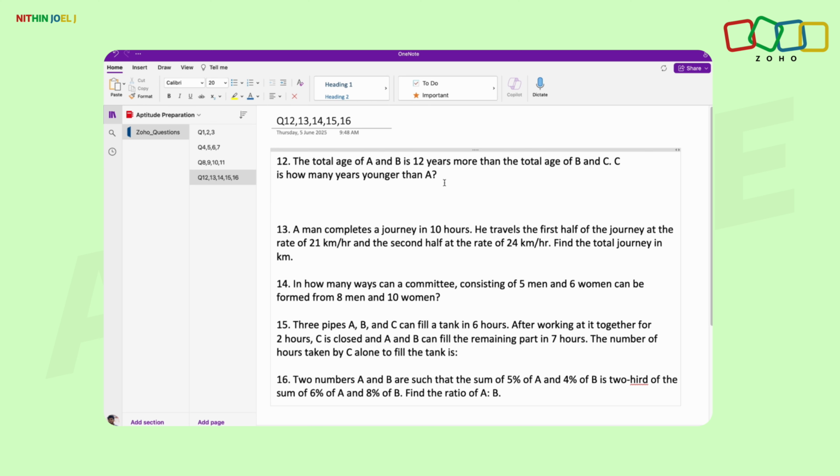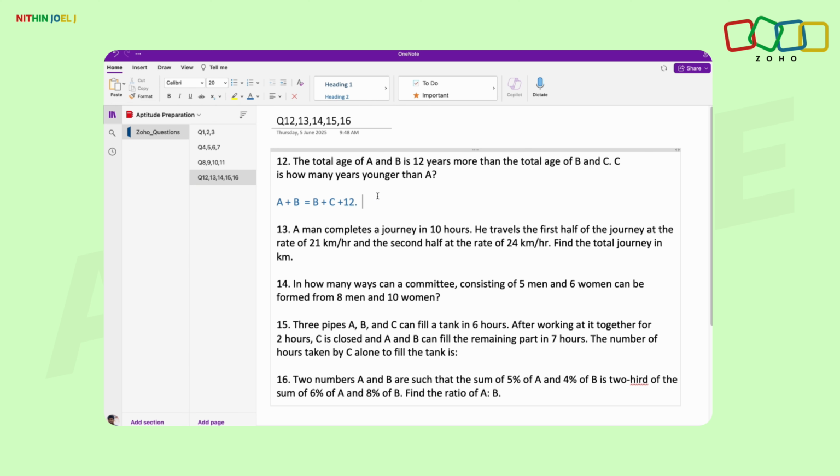As the first statement, they have given us that A and B is 12 years more than the total age of B and C. So let's consider A and B as a total age, and they have also mentioned A and B is 12 years more than the total age of B and C. So B plus C plus 12, because A and B are 12 years more than the age of B and C. Now we have to find how many years C is younger than A.